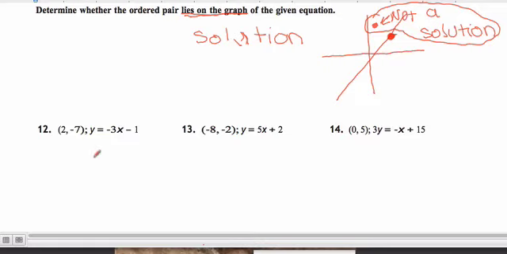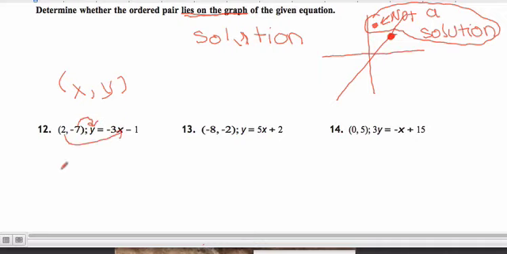All right, if we want to know if something's a solution, remember that we have xy pairs. We just need to plug it in and see if our left-hand side comes out equal to the right-hand side. So here's my y, and I'm going to plug it in there. Here's my x, and I'm going to plug it in there.